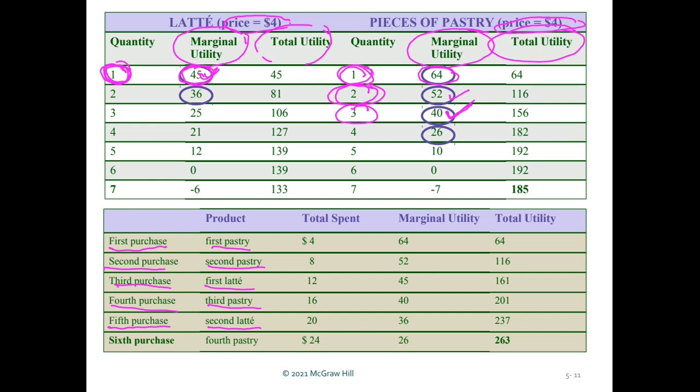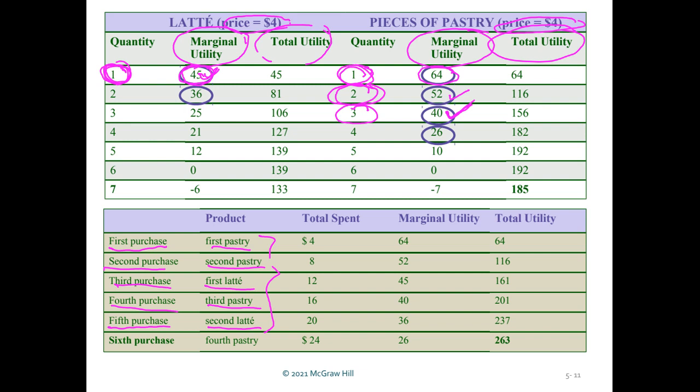You can see these are five purchases. So for three pastries, you get 3 fours, 12. No, there's another one. Yes, so fourth pastry, not three.